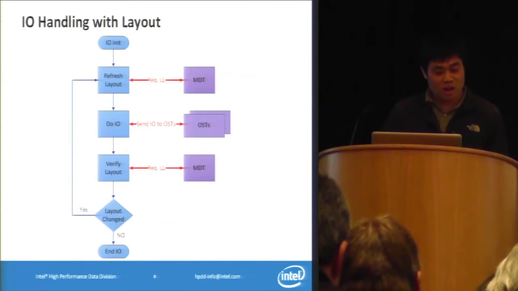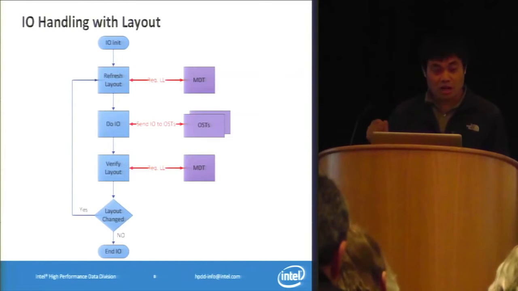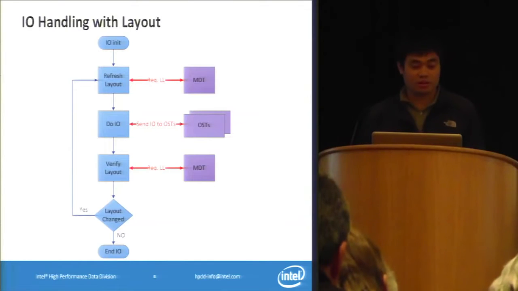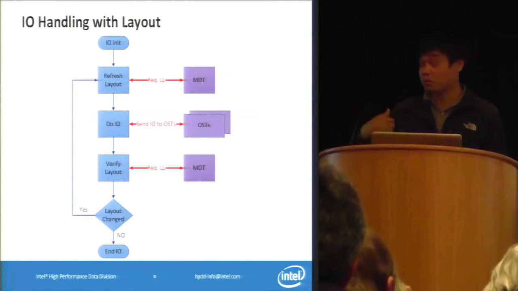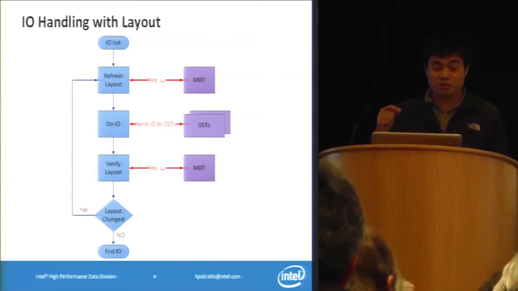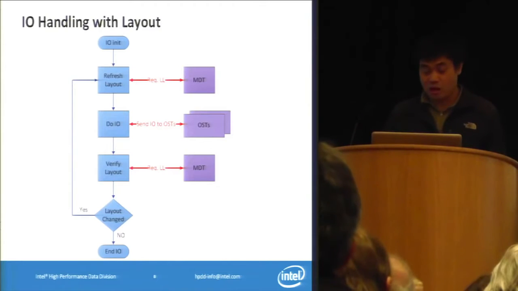And then actual I/O will be performed to send data to OSTs. After this, the layout has to be verified, and we check the cache of the layout lock again, and if not, we'll have to talk to the MDT again. If during this time the layout is changed, we have to restart the whole I/O, and otherwise the I/O is finished.